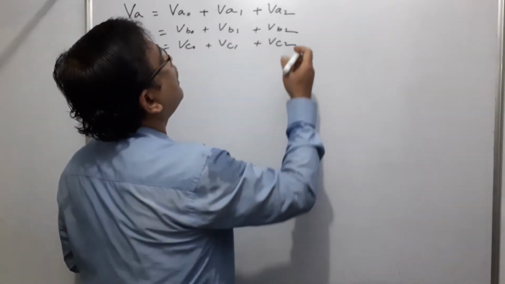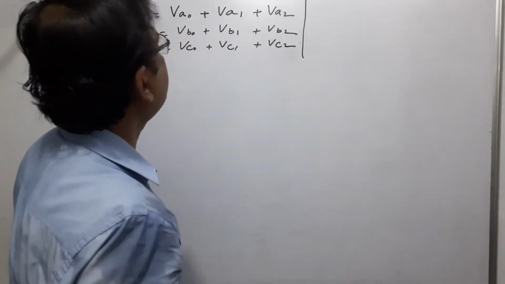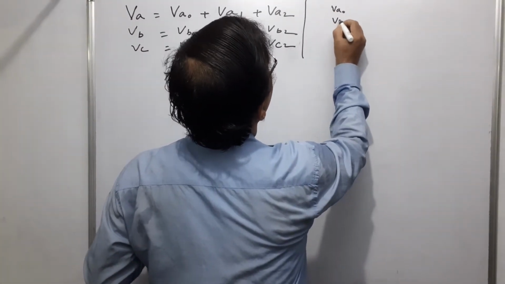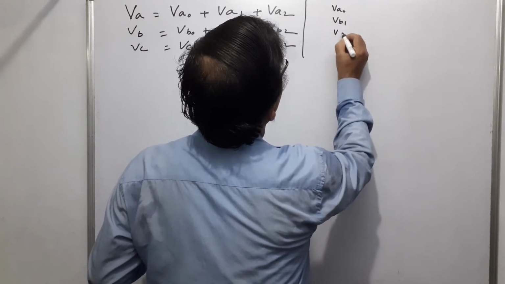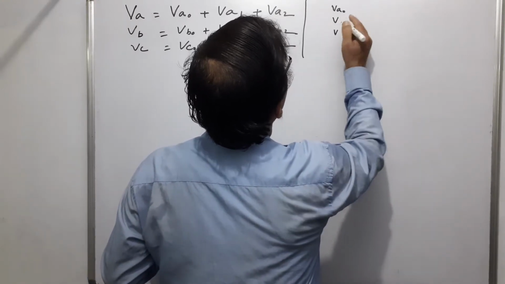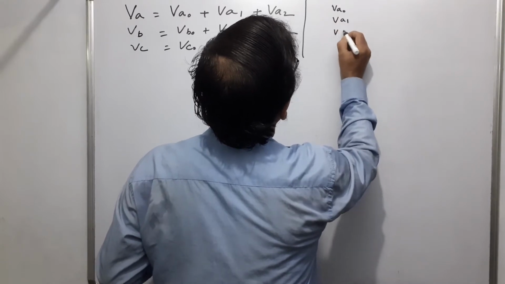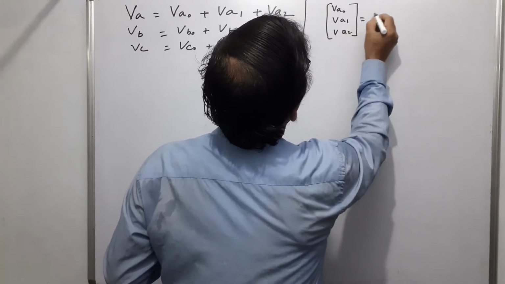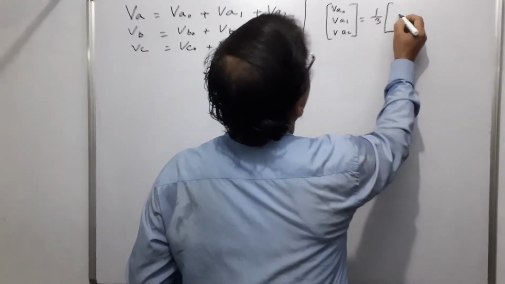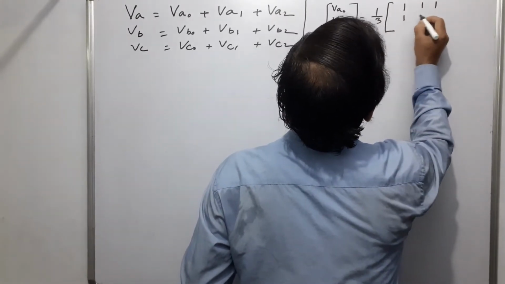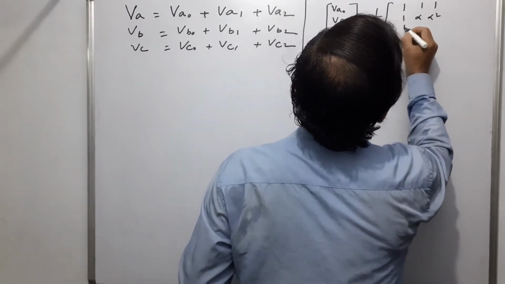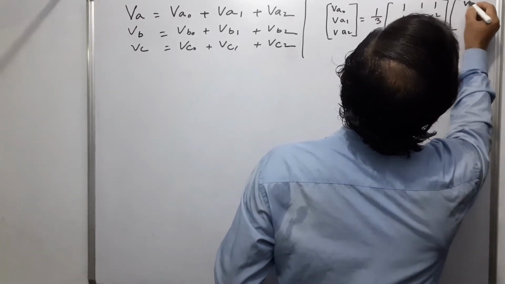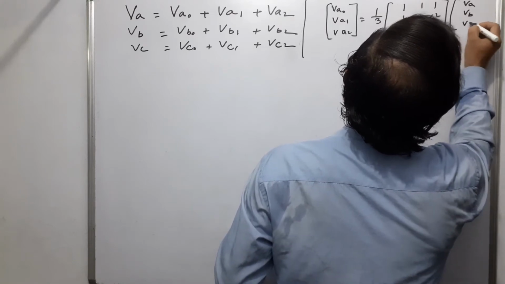In our last lecture we have seen that we can find VA0, VA1, VA2 equals 1 by 3 times the matrix with rows 1 1 1, 1 alpha alpha square, 1 alpha square alpha, multiplied by VA, VB, VC.